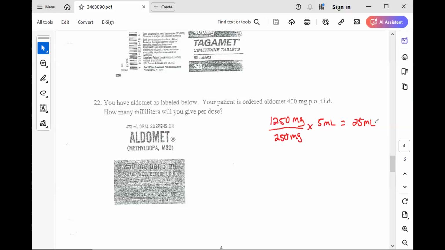That's what I got too. Now, does that make sense for this medication? Probably not, but it's just to practice doing the math. And as long as you're getting the same answers, then you're doing something right.